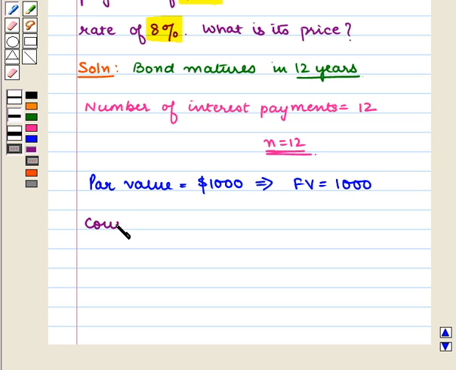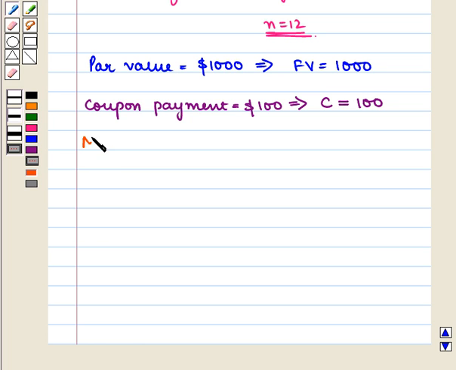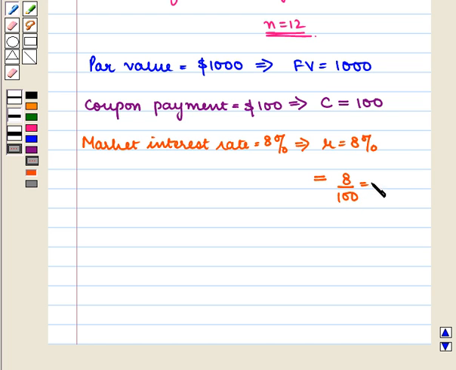Coupon payment is equal to $100. This implies C is equal to 100. Market interest rate is equal to 8%. This implies R is equal to 8%, which is equal to 8 upon 100, that is equal to 0.08.